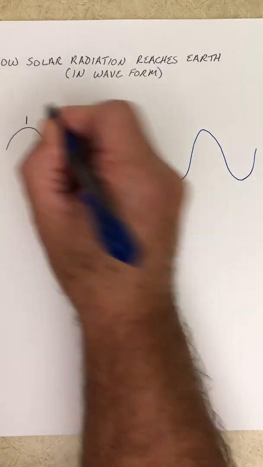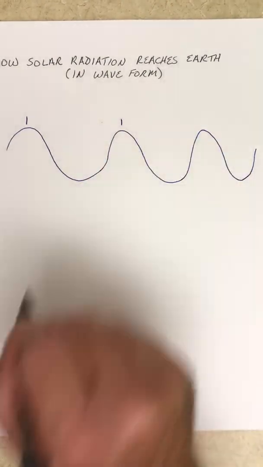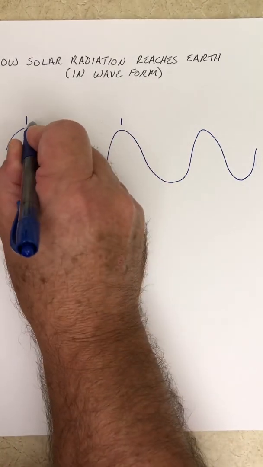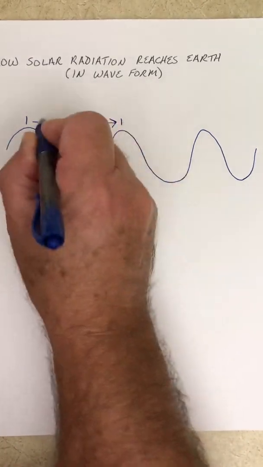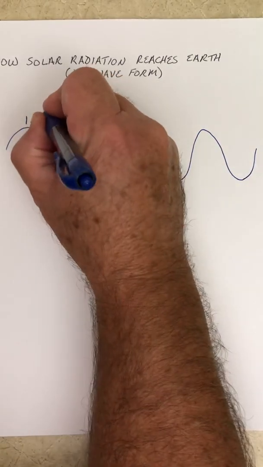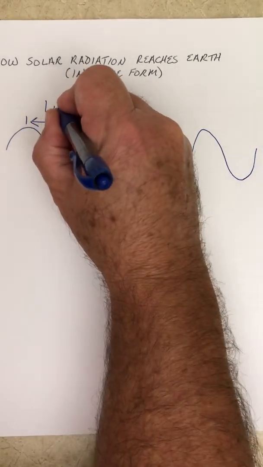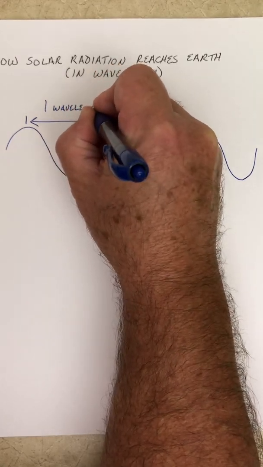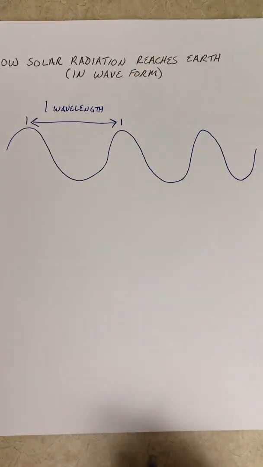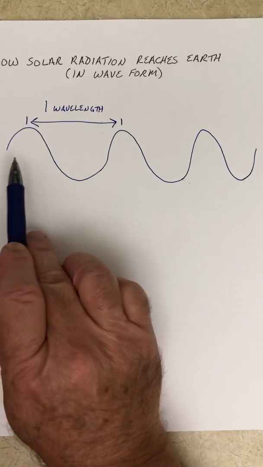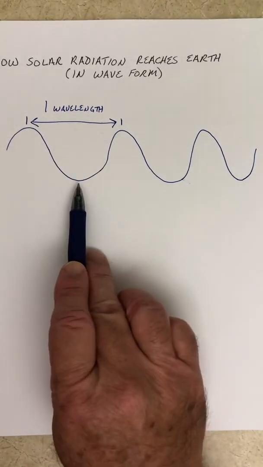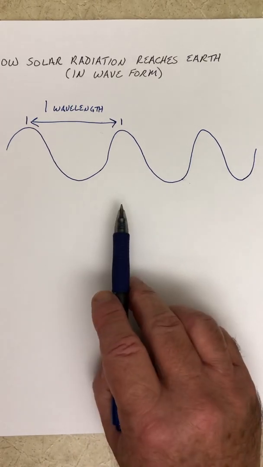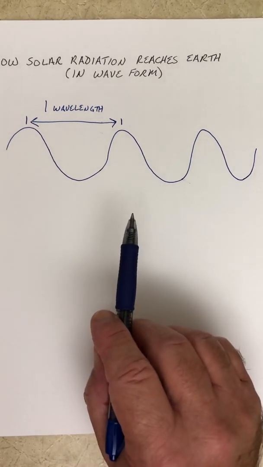The wavelength is the distance between successive crests, or we can look at successive troughs too. So this distance here is one wavelength. Or we could look at the successive wave troughs, and that would also be one wavelength. It'd be the same distance.